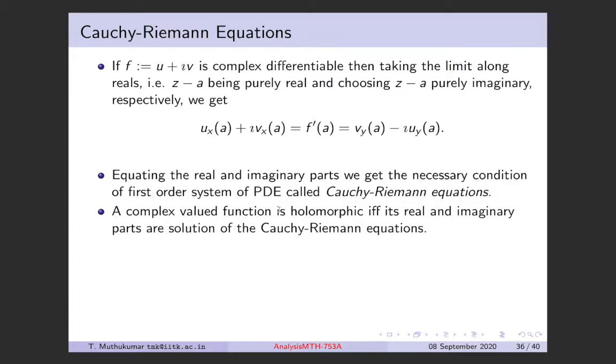The other way can also be proved: any complex function is holomorphic if and only if its real and imaginary parts satisfy the Cauchy-Riemann equation. So for any function f which is differentiable, its real and imaginary parts satisfy ux equal to vy and vx equal to minus uy. Now if you start with two functions u and v which satisfy the Cauchy-Riemann equation, then u plus iv will be a holomorphic function. This is the result.